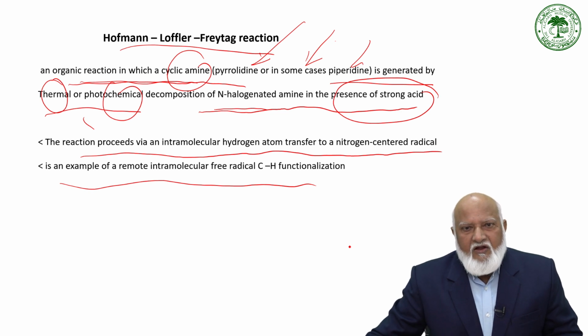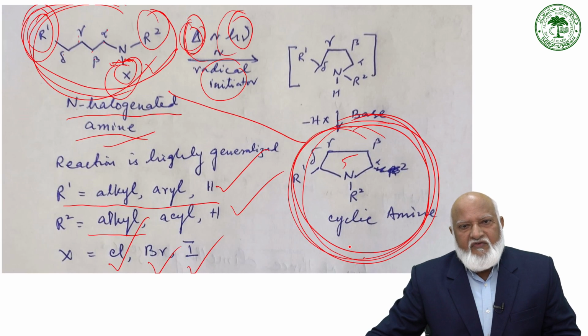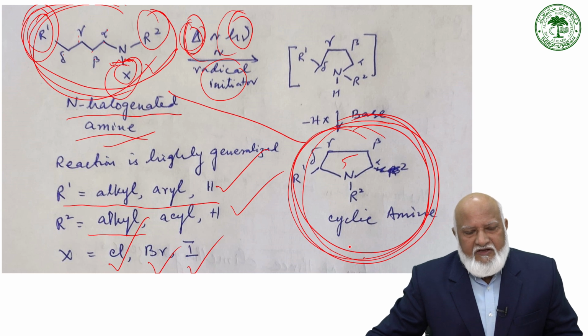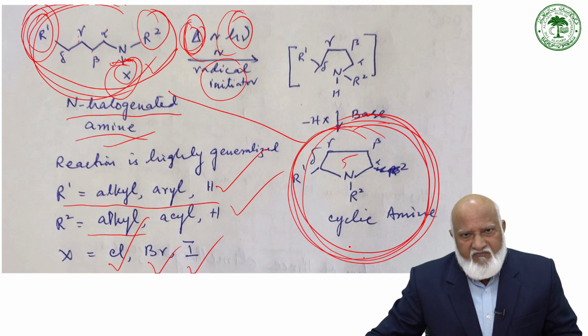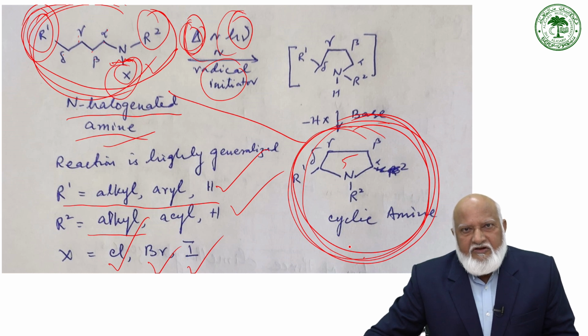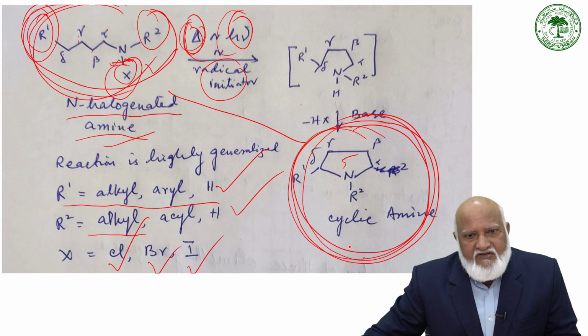This has a lot of synthetic importance, because from a nicely designed starting material, it is possible to construct the 5-membered nitrogen containing heterocyclic ring system.